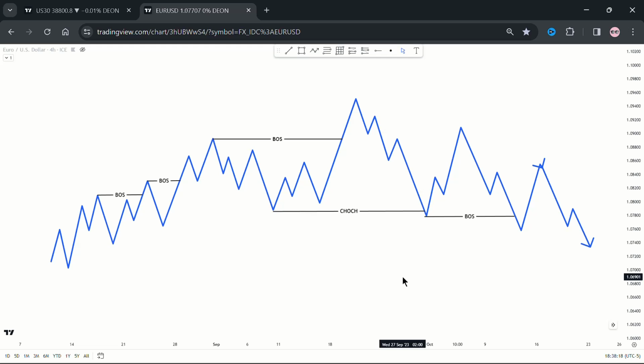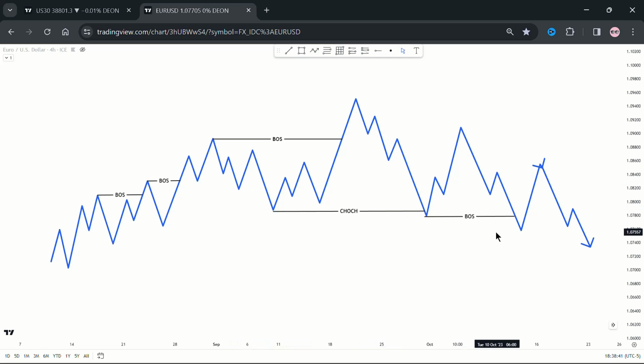But internal market structure is these movements. You can already see that we are marking break of structures, but you still have these inside movements here. These can also be traded.